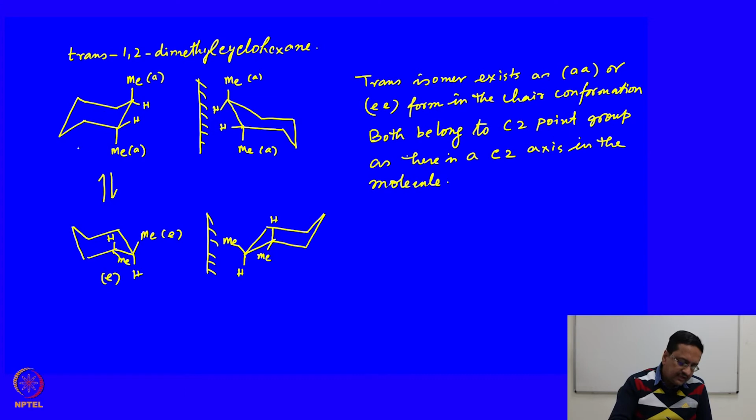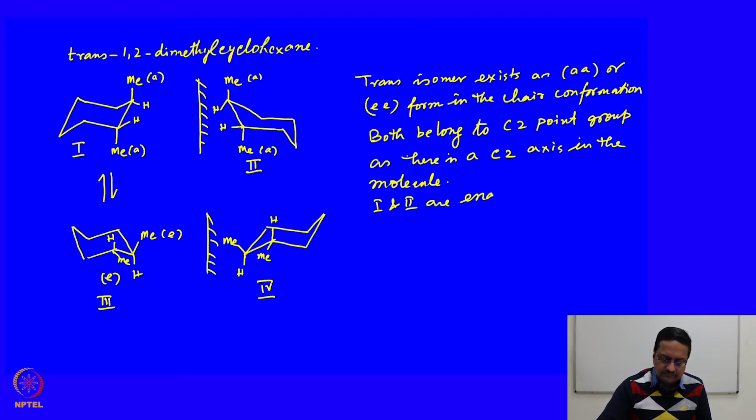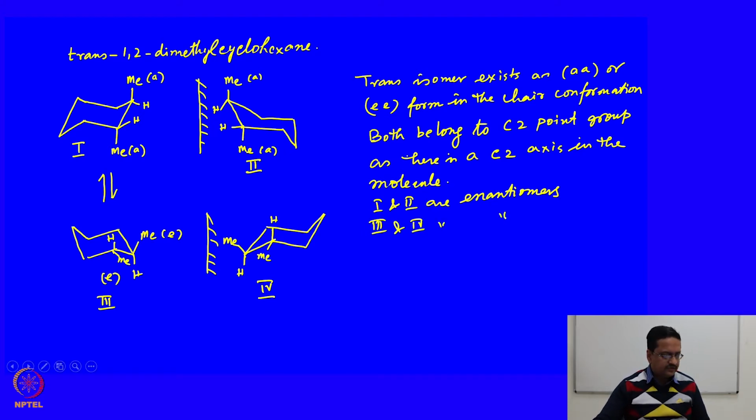If we number these molecules which we have generated, 1 and 2, and here after flipping it is 3 and 4, then 1 and 2 are enantiomers. Similarly, 3 and 4 are enantiomers.